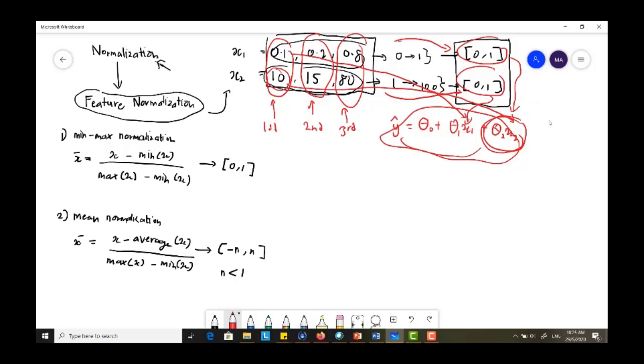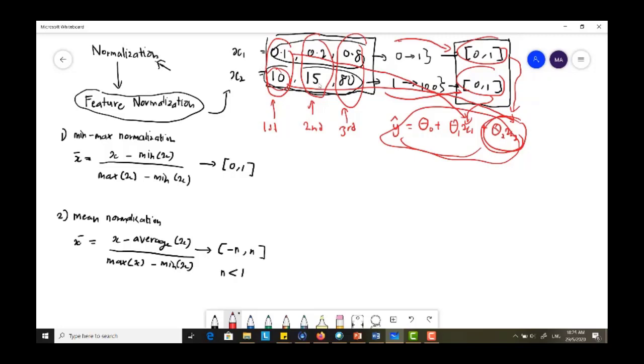In any machine learning, normalization is better to do in practice, because you will avoid imbalanced scaling, where x1 has a small scale and x2 has a bigger scale.